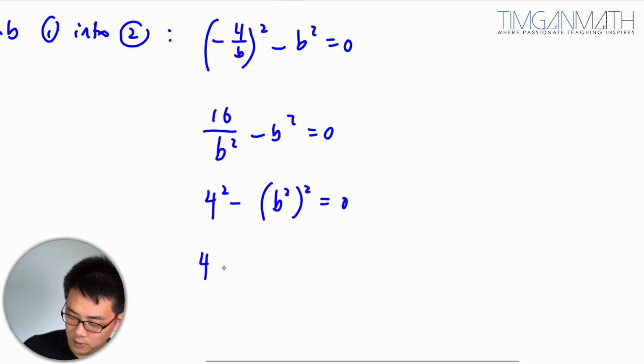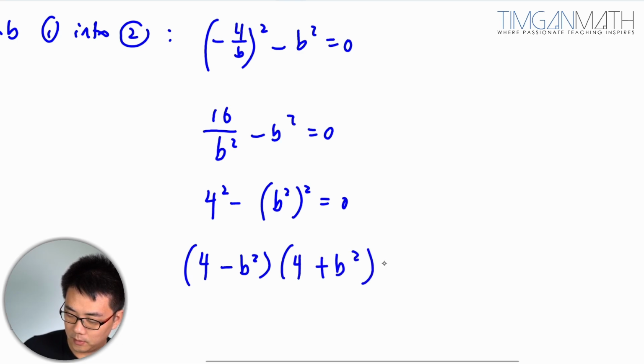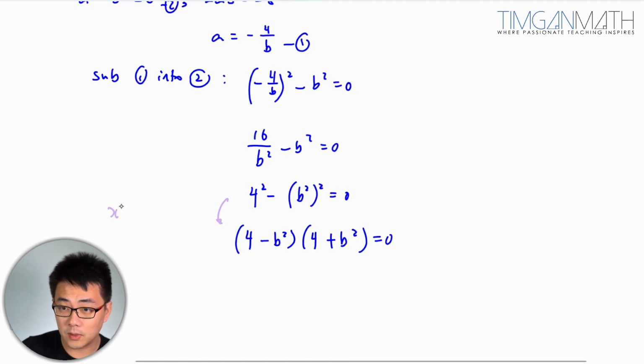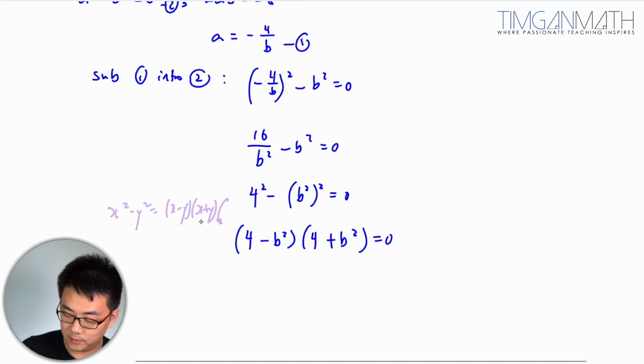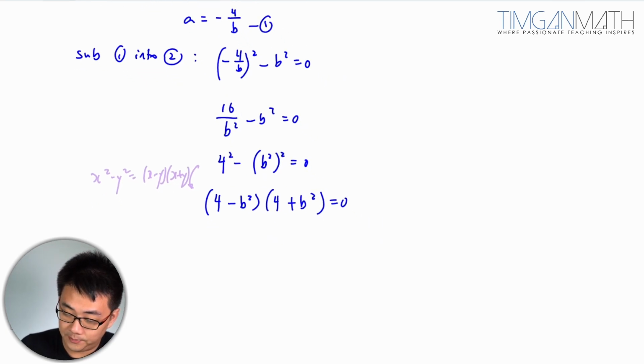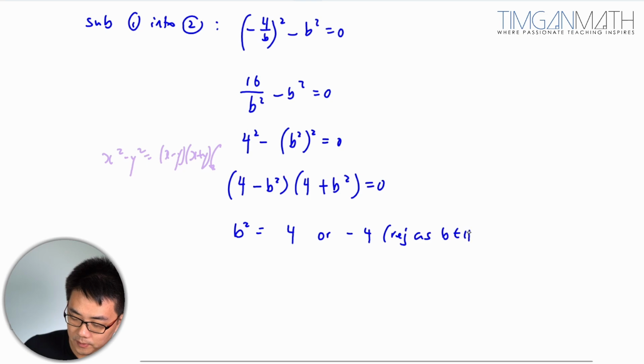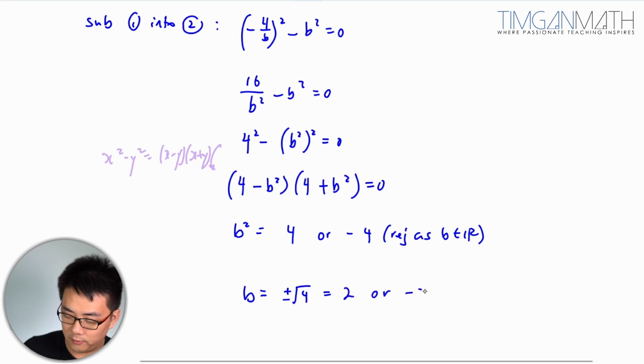So this is 4 squared, so it is 4 minus b squared and 4 plus b squared. Using the difference of squares, x squared minus y squared equals x minus y times x plus y. How this is done, we get b squared equals 4 or negative 4, and we reject negative 4 as b is real. So b equals plus or minus 2.